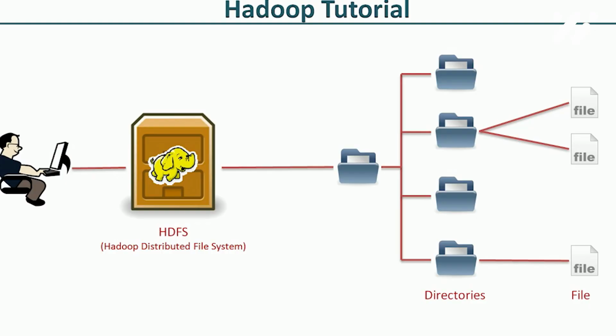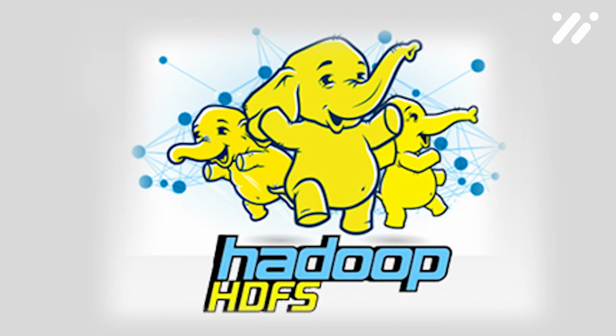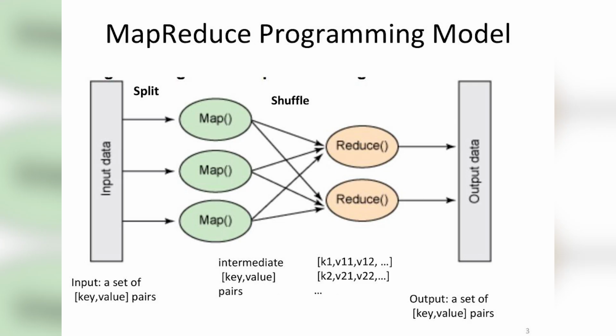HADOOP includes the HADOOP Distributed File System, known as HDFS. This HADOOP Distributed File System is used for storing data across multiple machines. And HADOOP also has what we call the MapReduce programming model.